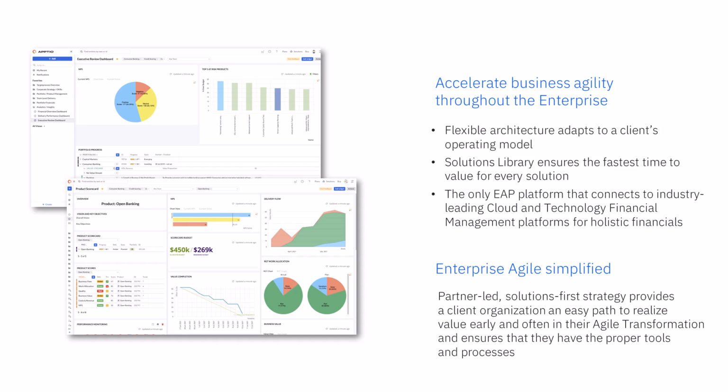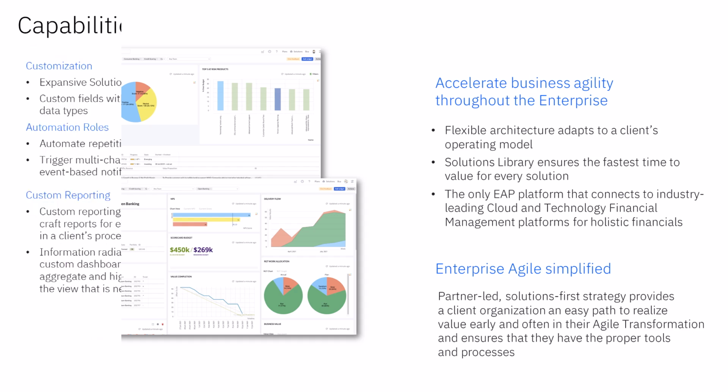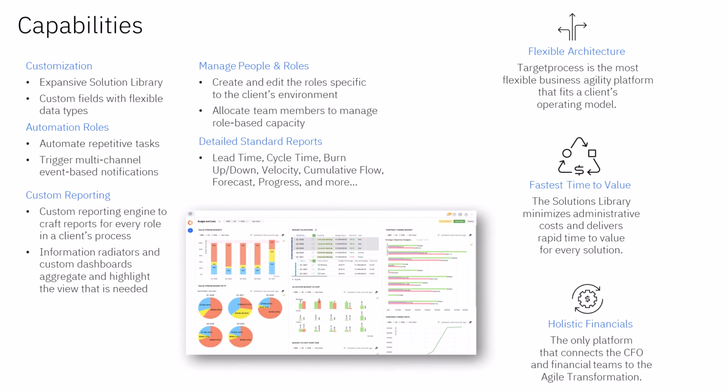financials across the organization. The capabilities of Target Process can be broadly grouped into three areas: customization, automation, and a reporting engine. Customization includes adapting the data model to each organization, custom fields for each object in the model, and the ability to install more customizations through the solution library.